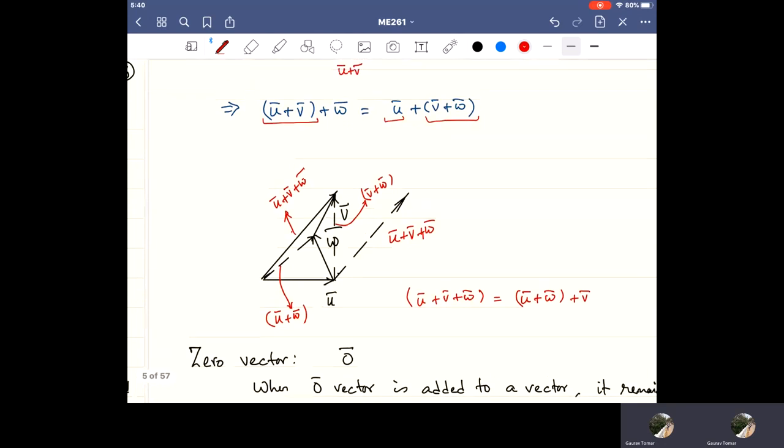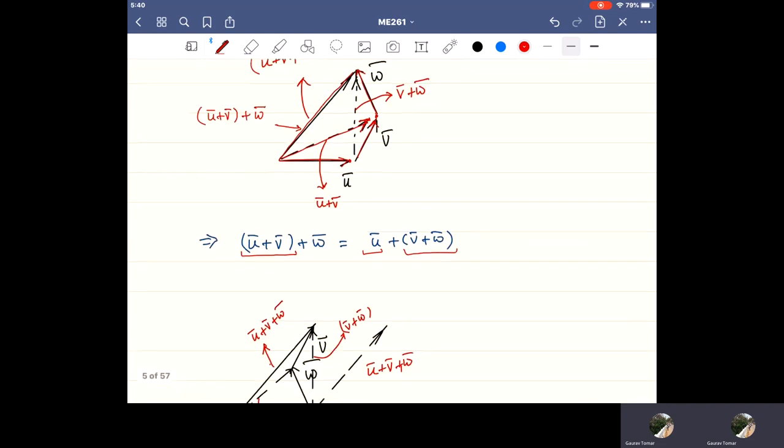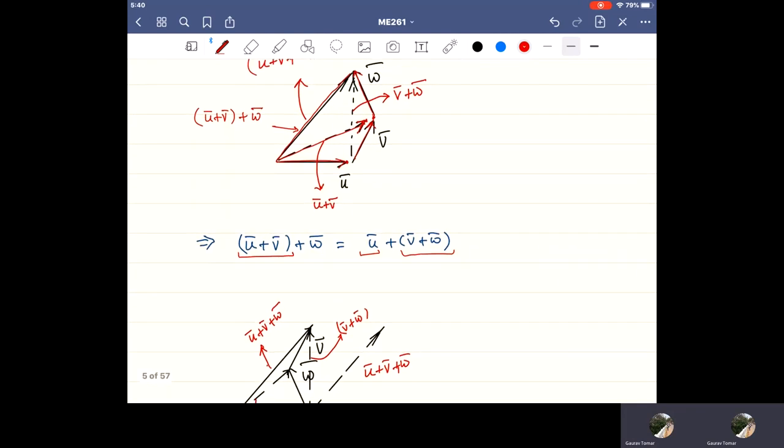So how to see that? Geometrically, we can see this picture like this. Of course, you can do it here as V plus W, and then you add U to it.